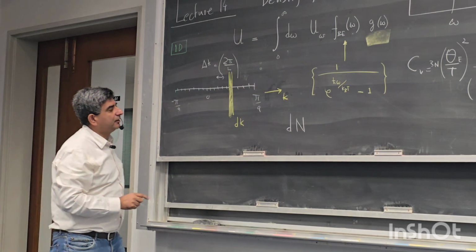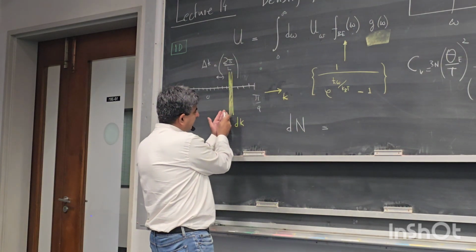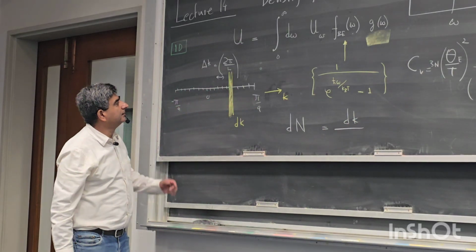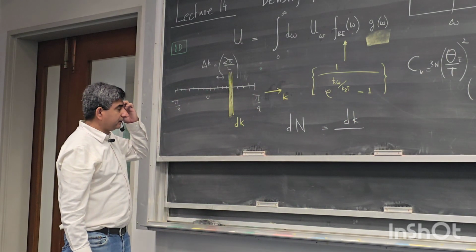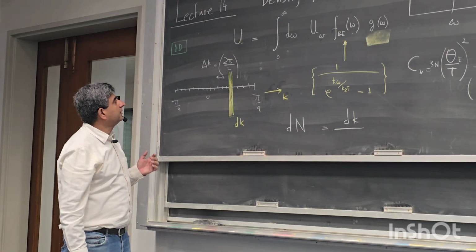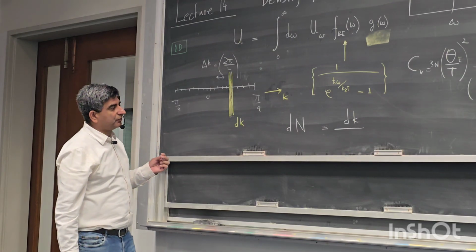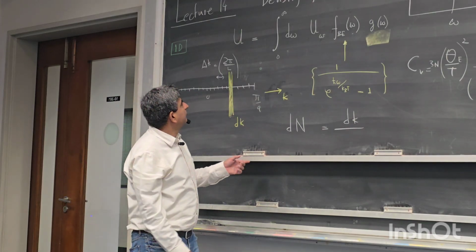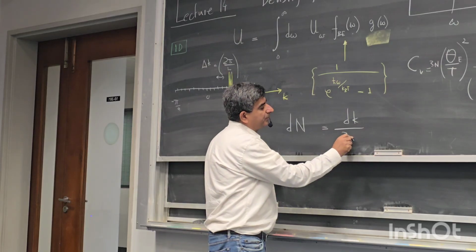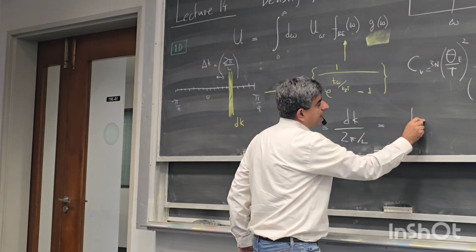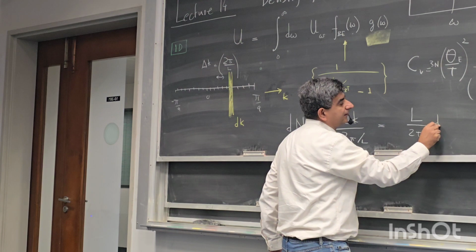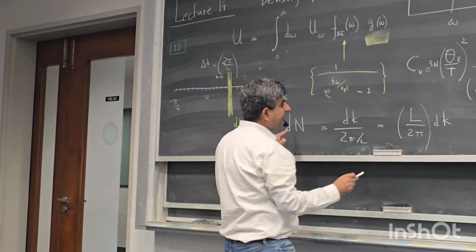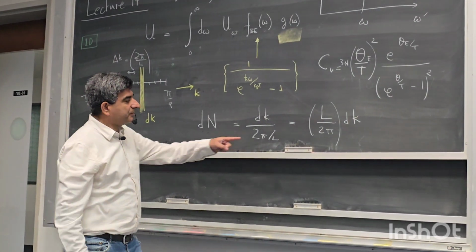So this dn would be equal to this thickness dk divided by the spacing between two modes, 2 pi over L, which will give you L over 2 pi dk. This is how many modes dn exist inside a particular dk.